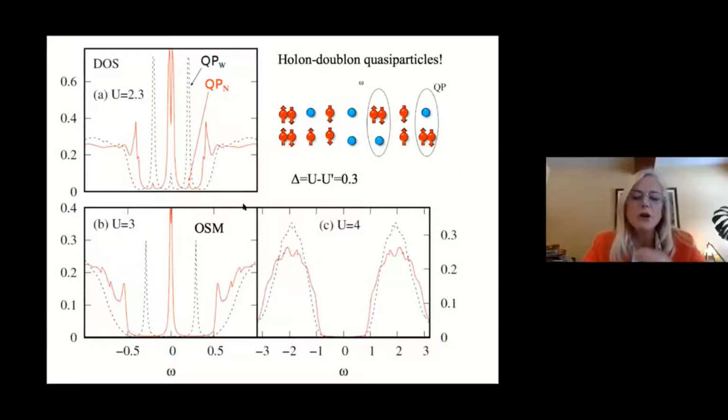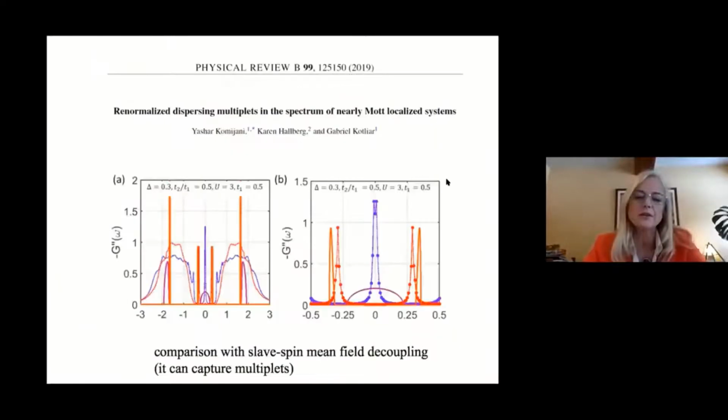And now, knowing that this structure in the density of states is there, we have also paired with other methods, for example, in a collaboration with Kotliar and his student at that time, using slave spin mean field decoupling. This structure has also been observed in these systems, like we show here, comparing to our previous results.